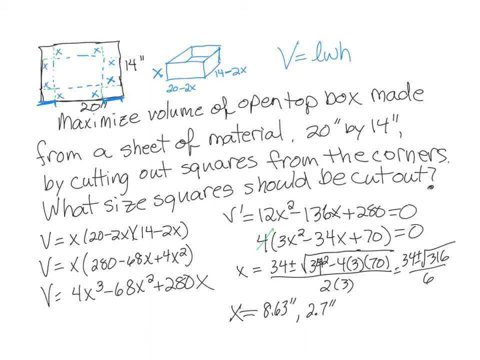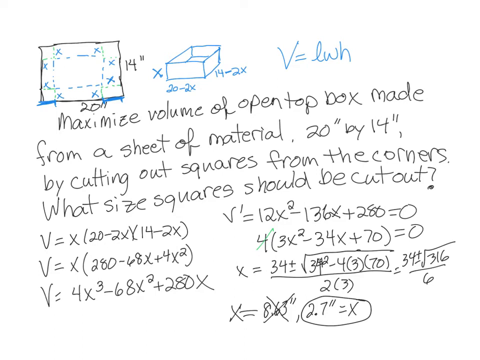If each of these squares was 8.6 inches, I'd be taking away 17 point something inches. I can't do that from 14. So the 8 doesn't make any sense. That means my squares are 2.7 inches by 2.7 inches. So one of the answers makes sense and the other one doesn't.